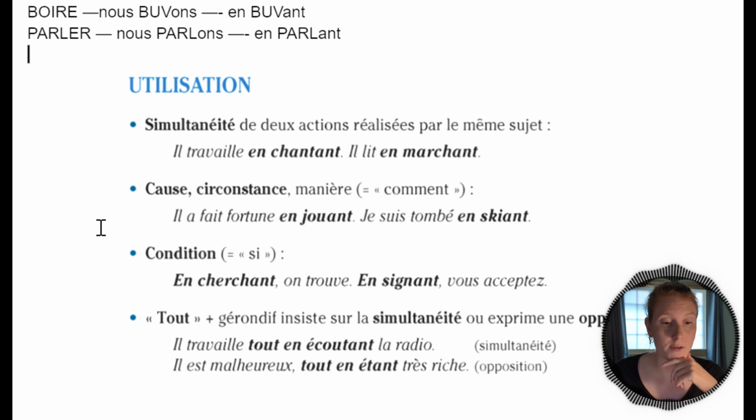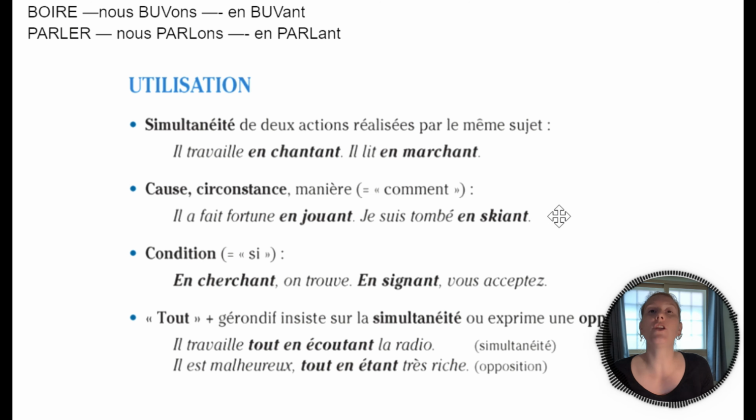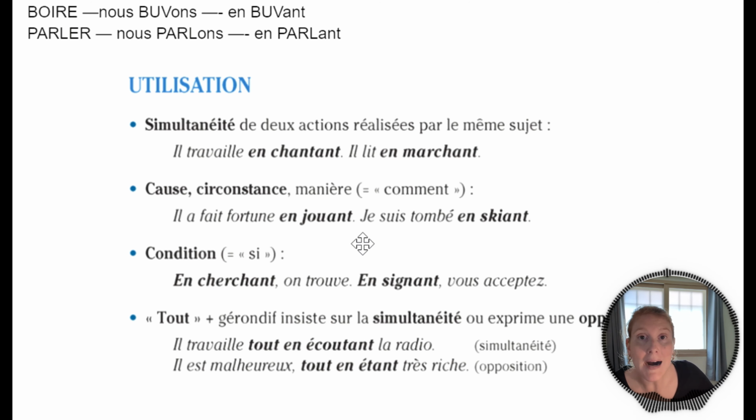Second use: causes, circumstances, way of how to do something. So you can use gérondif to explain a method of doing something. Example: Il a fait fortune en jouant, which means he became rich by playing. So in that case, it will be translated by plus ing, okay?